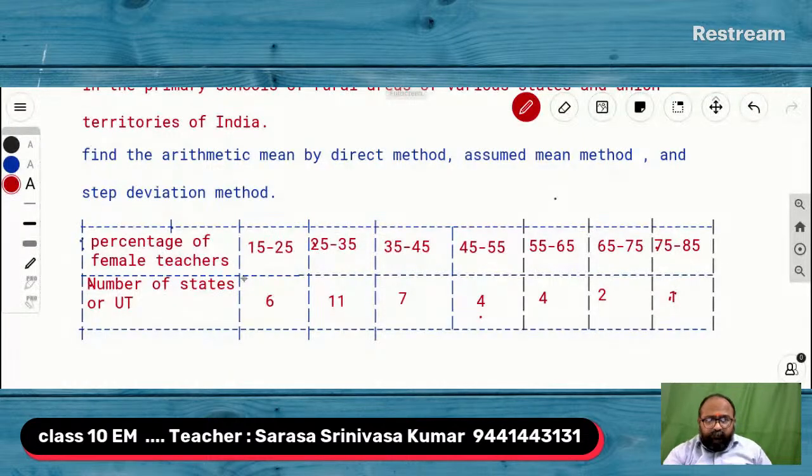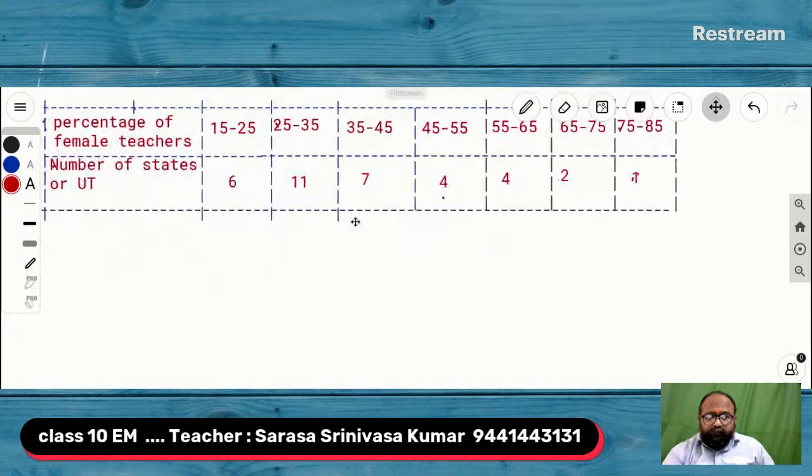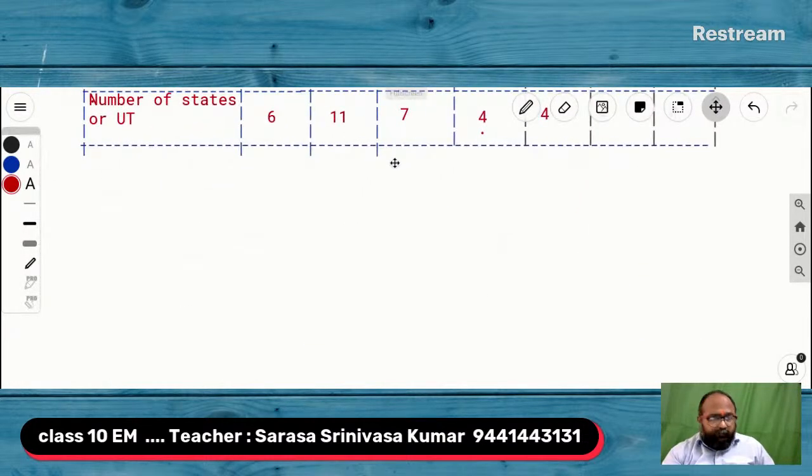Let us see this table. 15 to 25, 6. 25 to 35, 11. 35 to 45, 7. 45 to 55, 4. 55 to 65, 4. 65 to 75, 2. 75 to 85, 1. Now, let us prepare the table.